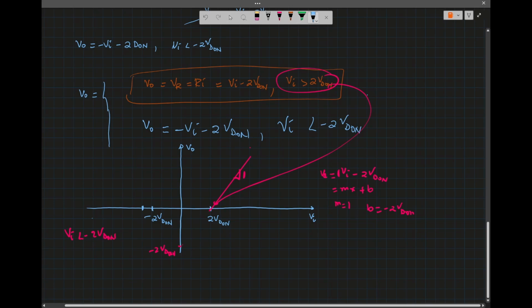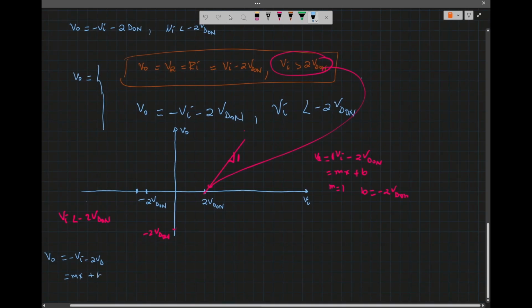We have V0 equal to minus VI minus 2 VD on. So also it's like MX plus B, so M equal to minus 1, B is minus 2 VD on.